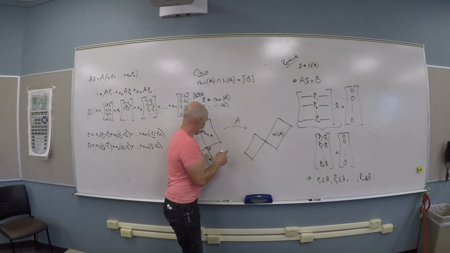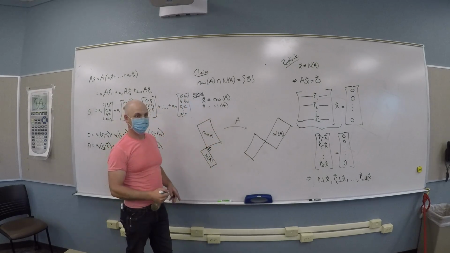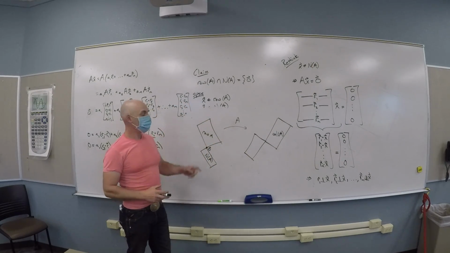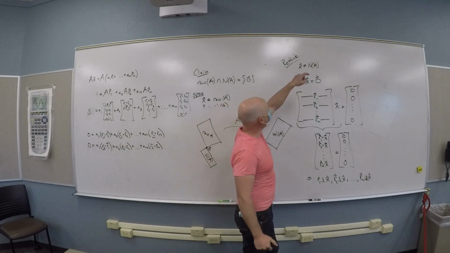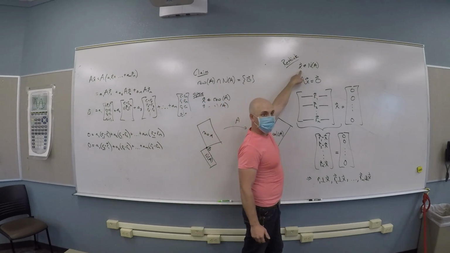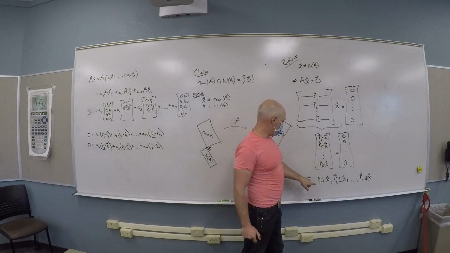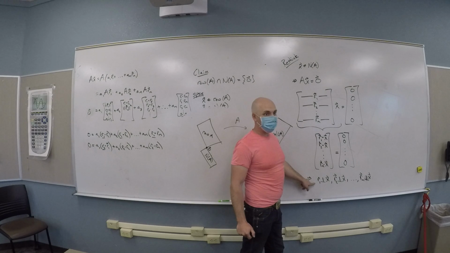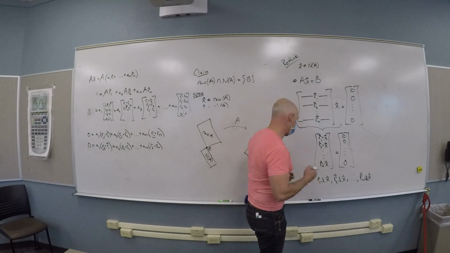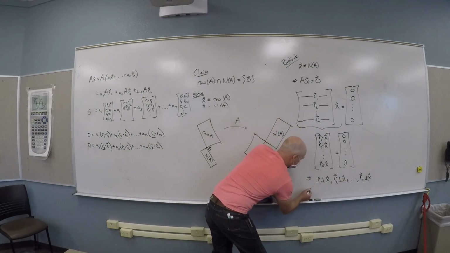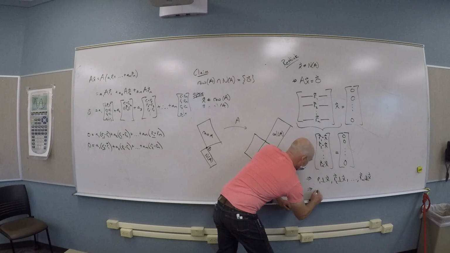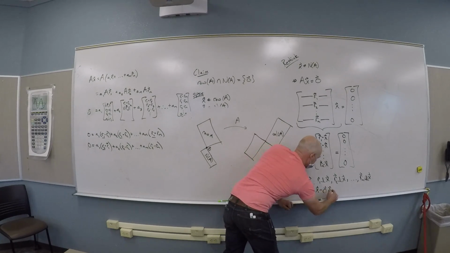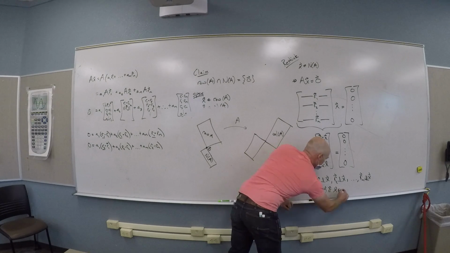But I got something else for free here. You guys see what I got? I got that a vector in the null space is perpendicular to all the rows. And I used that to say that x has to be the 0 vector if x is in the row space as well.